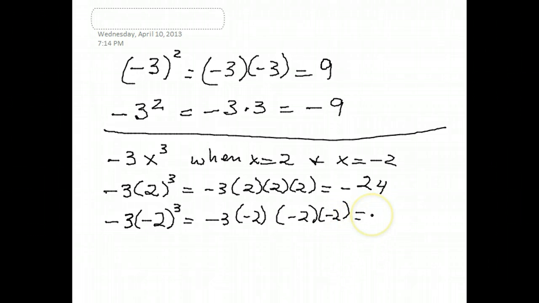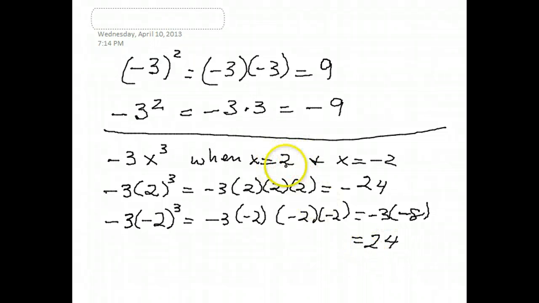So this comes out to be minus 3 times negative 8. 2 times 2 times 2 is 8. An odd number of negatives, when you multiply them, gives you a negative. And therefore now, a negative 3 times a negative 8 is equal to a positive 24.